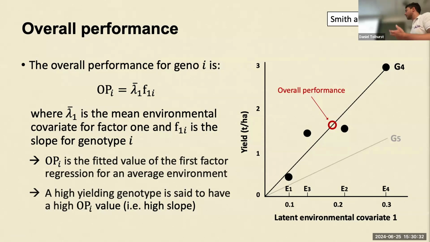But the idea is similar to before, that you're just getting measures of average performance over these different environments by taking the value of the regression line at the mean. And the conjecture is that because those regression lines don't intersect, you're still averaging over non-crossover variation. So you're still averaging over the bits that you'd like to, because it's not included in this particular regression.